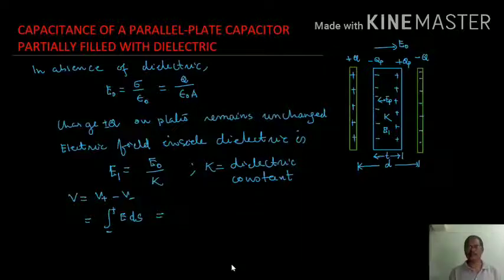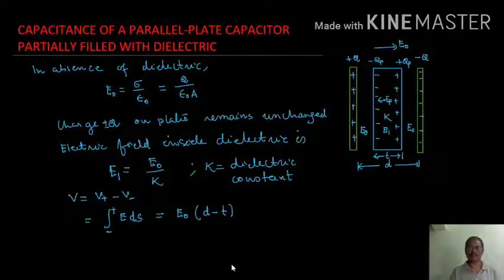The gap on the left side of the dielectric and the gap on the right side of the dielectric have a total length d minus t, and here the electric field is E0. So E0 into d minus t.